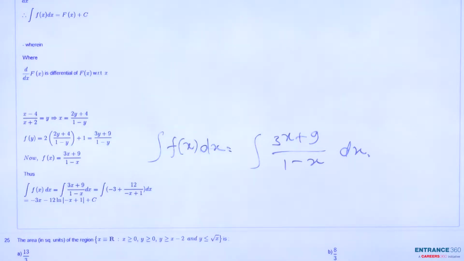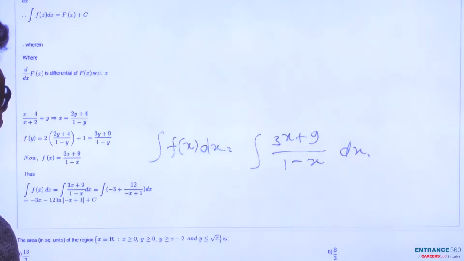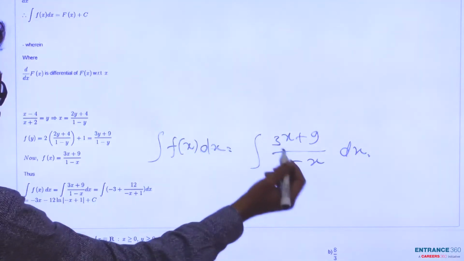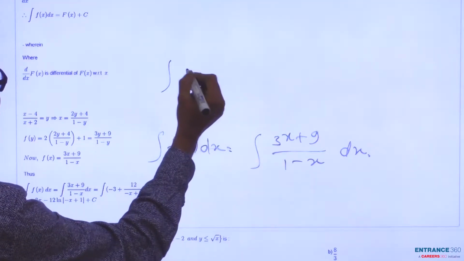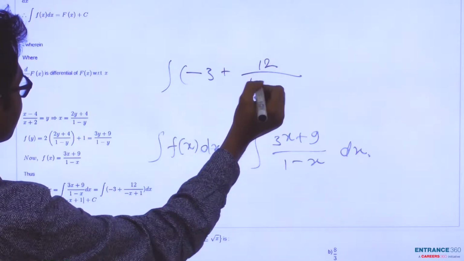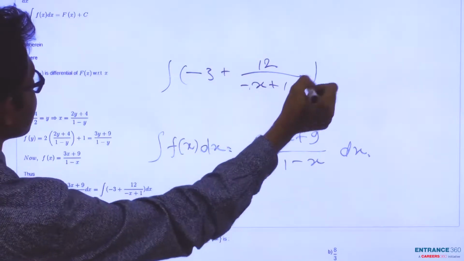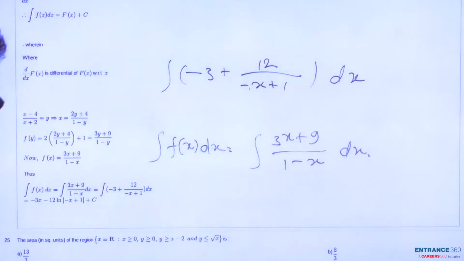So by partial fraction, (3x plus 9) divided by (1 minus x), we get minus 3 plus 12 divided by (minus x plus 1) dx.